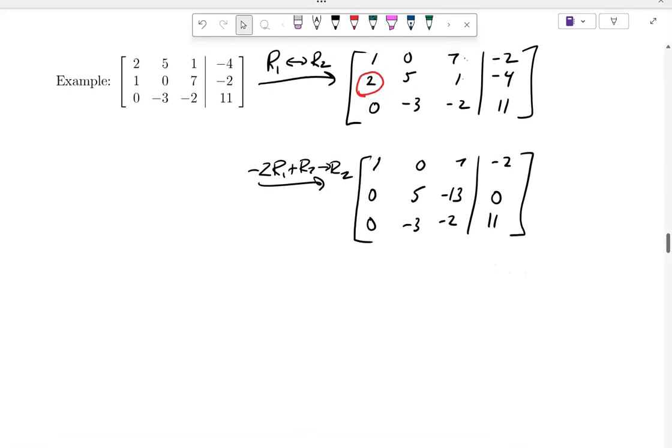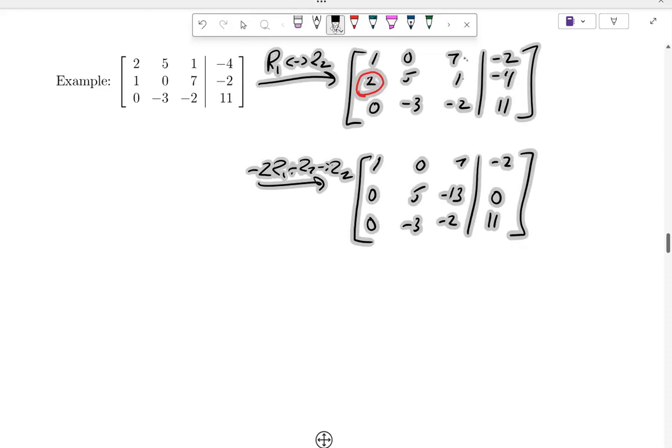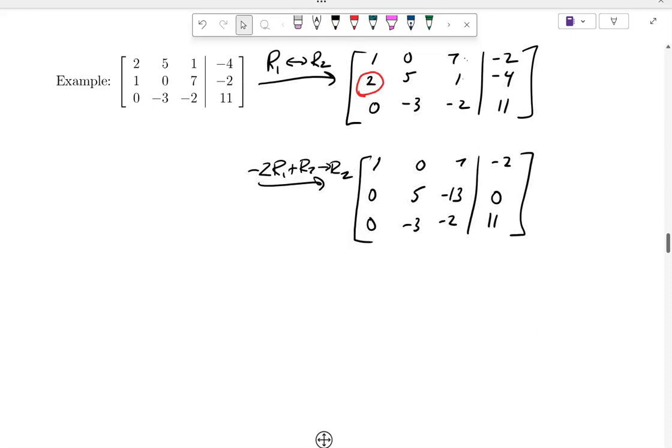All right. We got a 1. We got zeros. What's the next step? Remember, it alternates. Get a 1, get zeros, get a 1. I want to make this one a 1. I can't do a swap here, unfortunately, because I don't have a 1 in the other spot. So I'm going to have to bite the bullet and work with fractions.